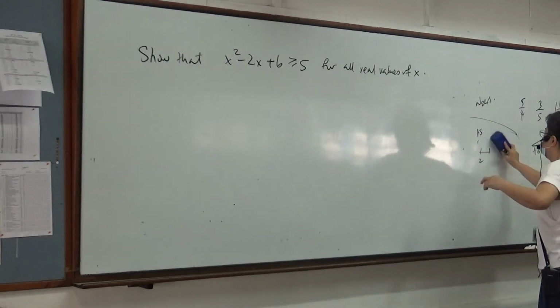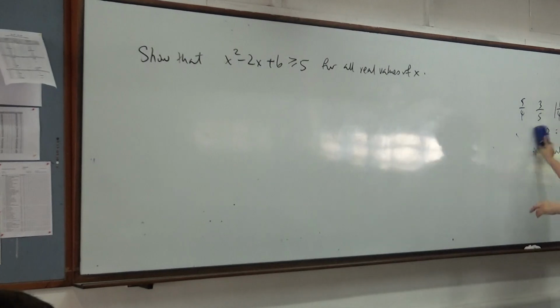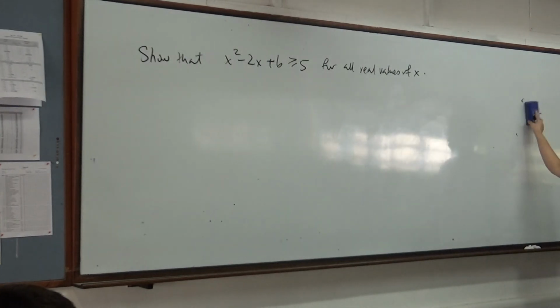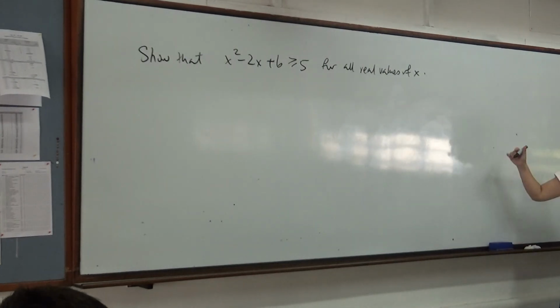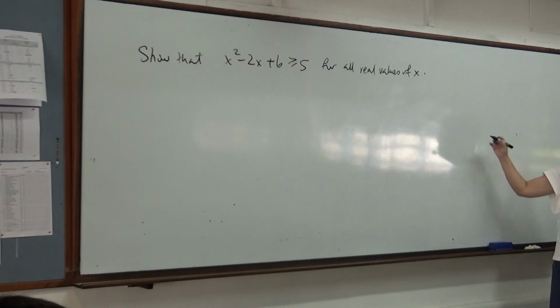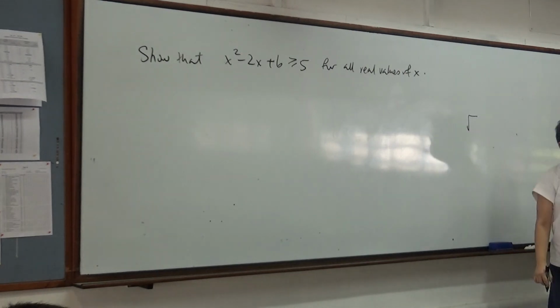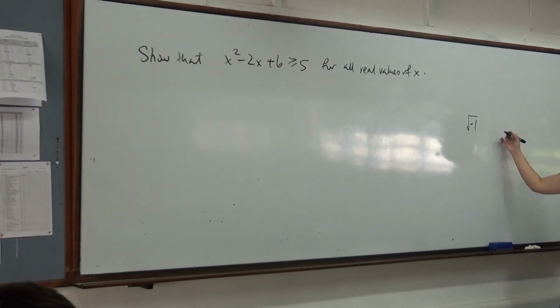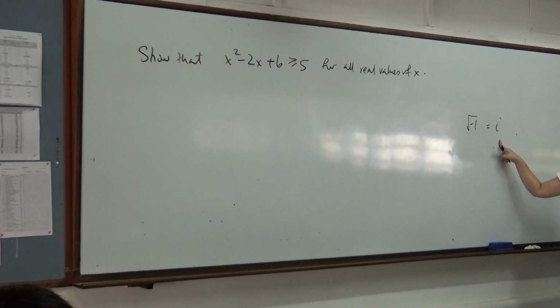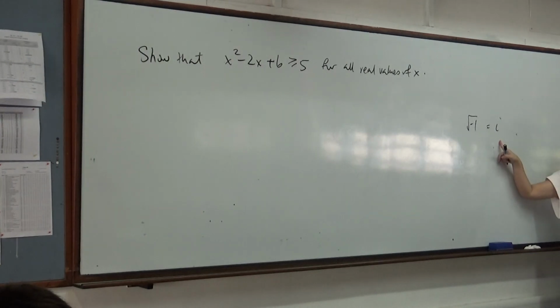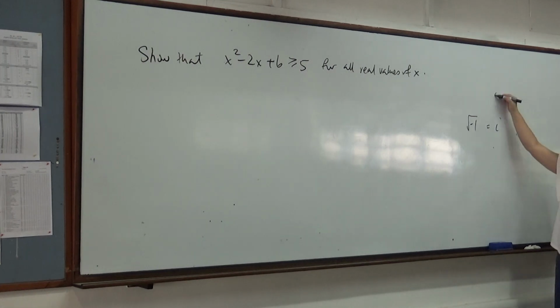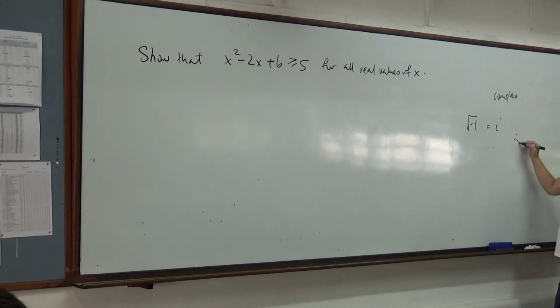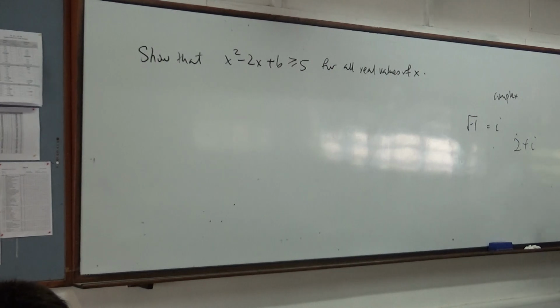Fake number. Okay? Now, not fake number like you rubbish. Remember in Secondary 1, you were told that you cannot have the square root of a negative number. But at a higher level, the square root of negative 1 is given the symbol i. So actually a number can be a complex number, where I can have 2 plus i. What's 2 plus i? 2 plus the square root of negative 1.